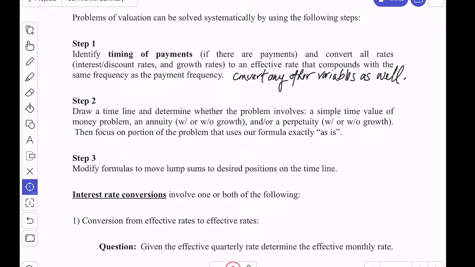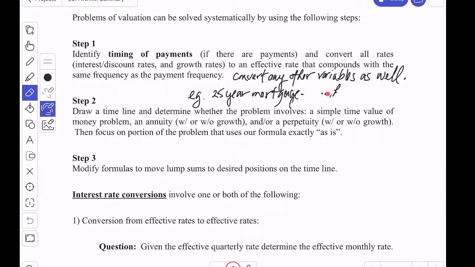Draw a timeline, so the second step. Just to say, if you're going for a 25-year mortgage, because payments are monthly, you would have to use 25 times 12.